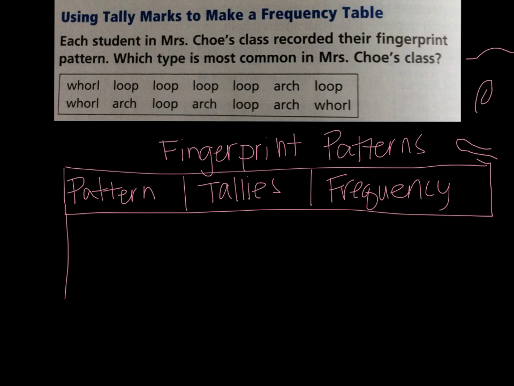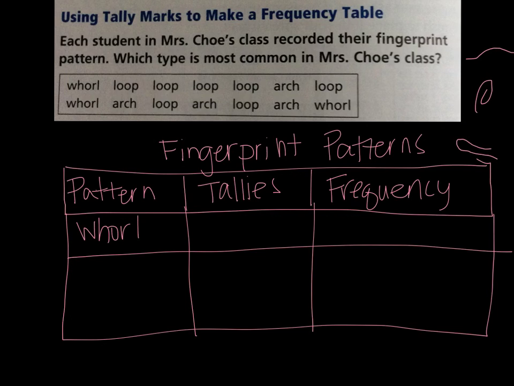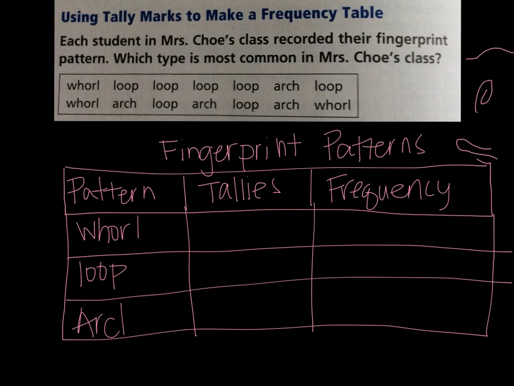So our 3 options for patterns would be the whirl, the loop, and the arch. Now the tally section seems a little silly if I do tallies and the frequency number, but it really helps to keep track of things.